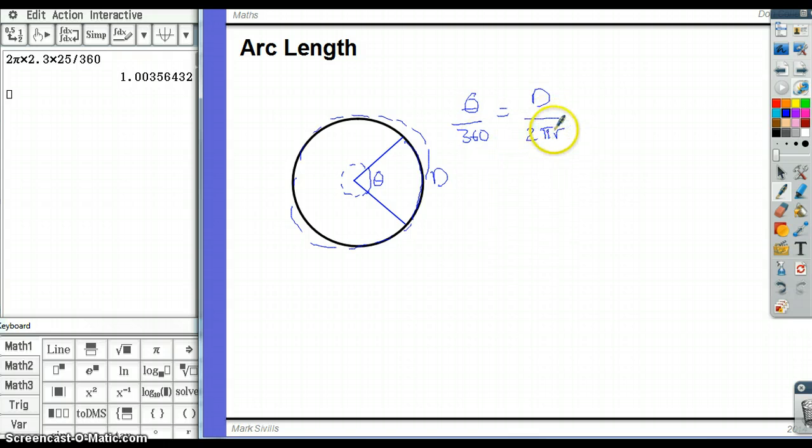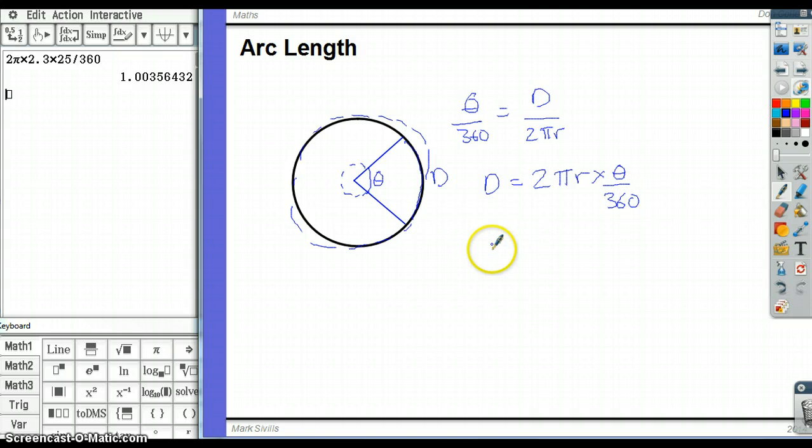If we rearrange that again, so just multiply both sides by 2 pi r, and it times is here, cancels out here, and we get D is 2 pi r times theta over 360.